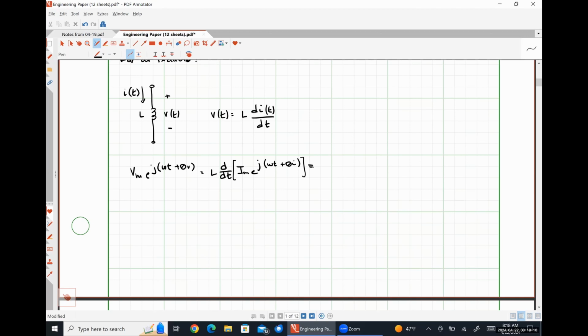The derivative of e to the j omega t plus theta I is just going to be j omega e to the j omega t plus theta I.